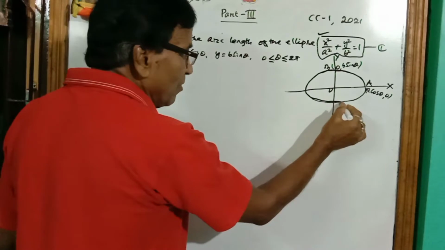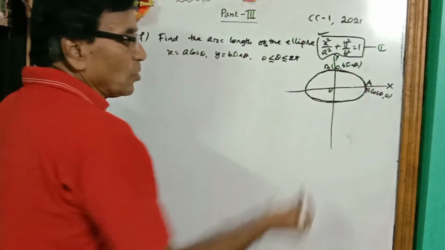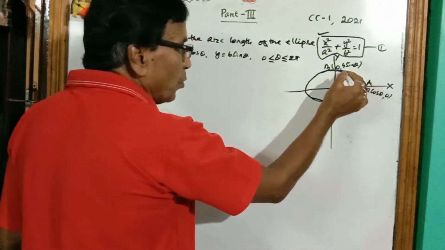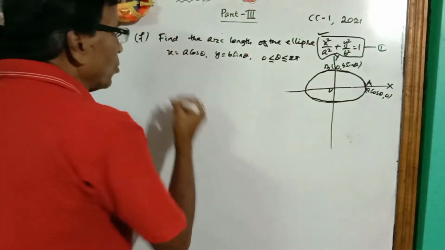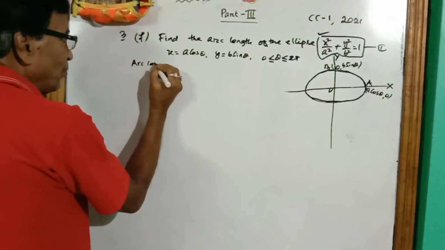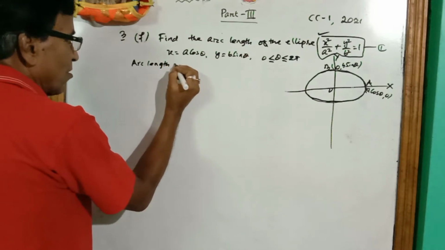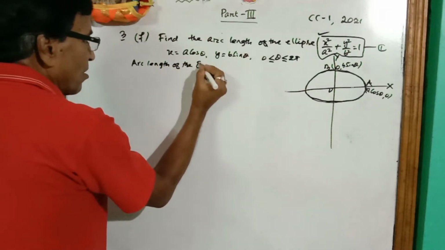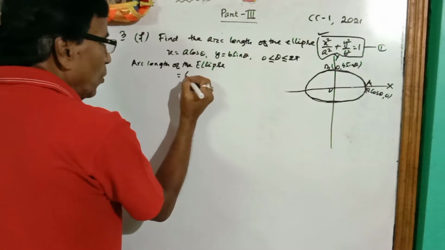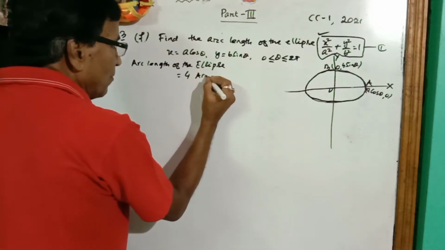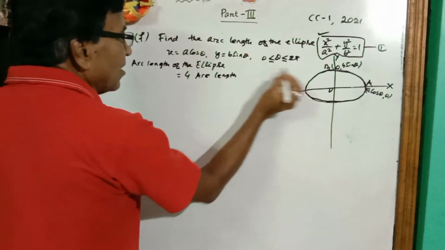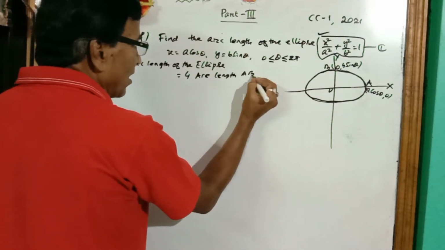Whole arc length means this length. So the total arc length of the ellipse is equal to 4 times arc length AB.